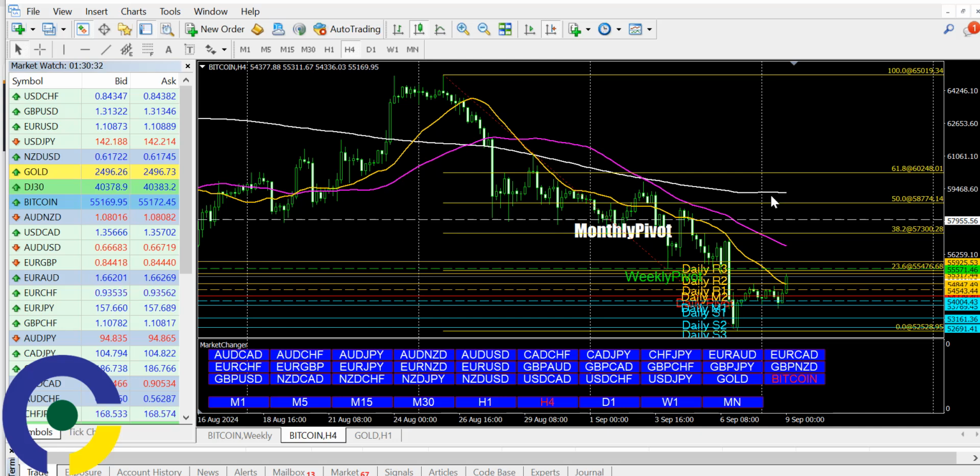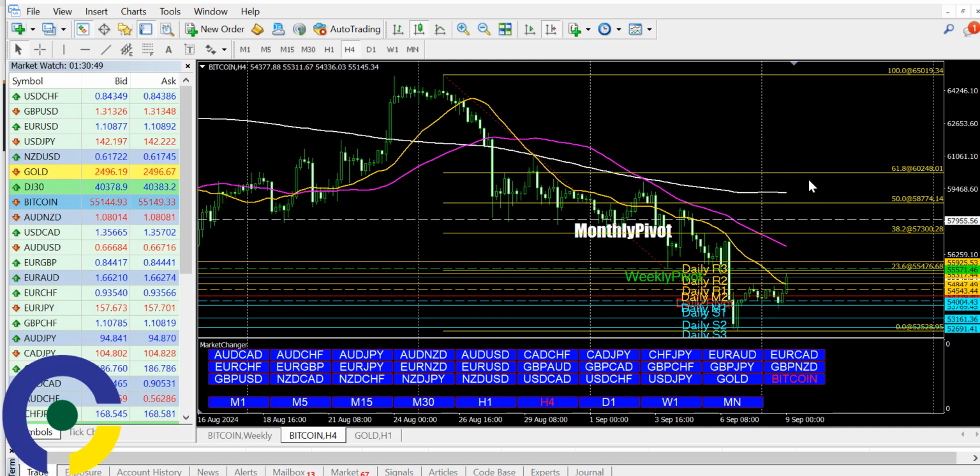So pay attention to this. Bitcoin may rise up to 58,000 this week, and if it gets to 58,000, we expect to see a signal to sell it. All right, and of course, it might even touch 60,000, but then look out for a signal to sell around there.